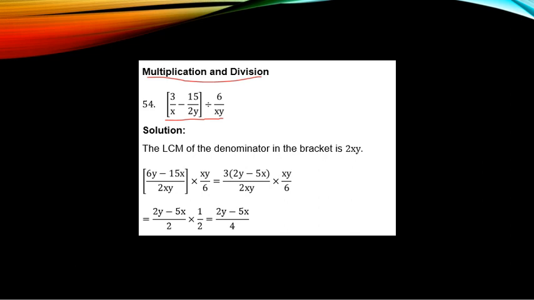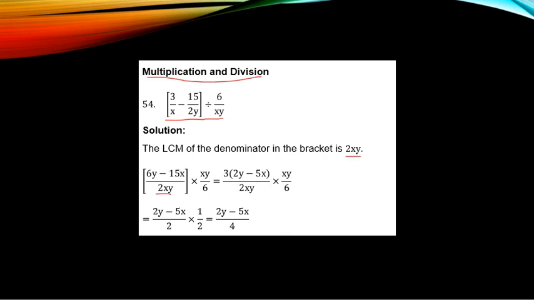Still following the rule of BODMAS, before division, we need to simplify the terms in the bracket. Since the fractions there are subtracted, you have to find the LCM of denominators s and 2y, and that is 2sy.